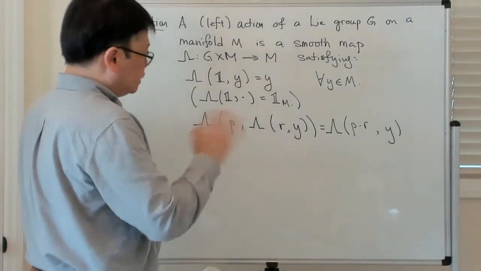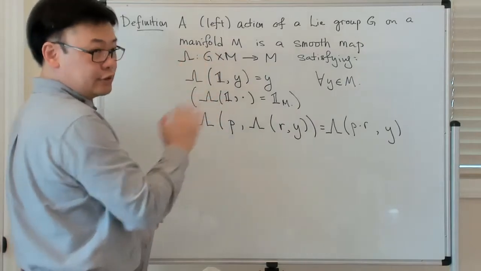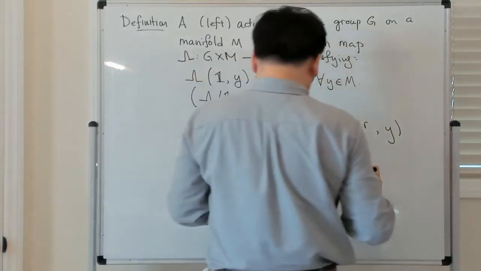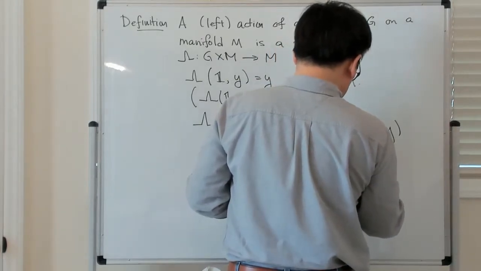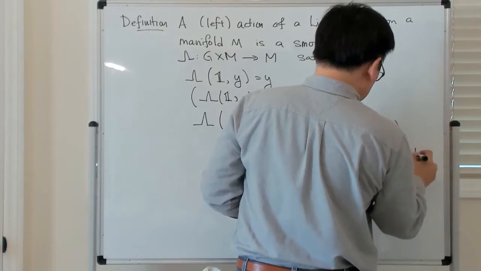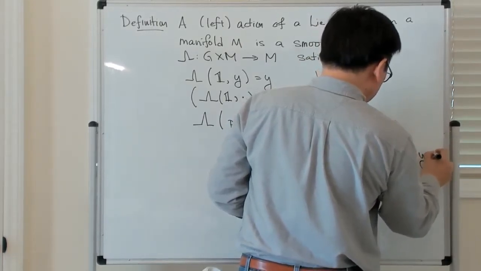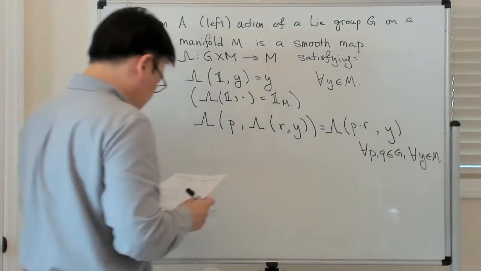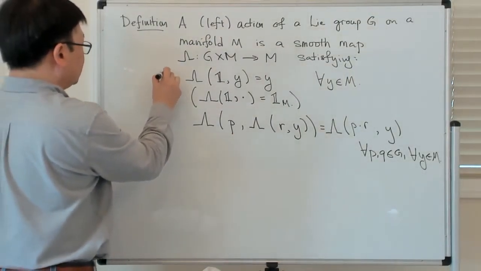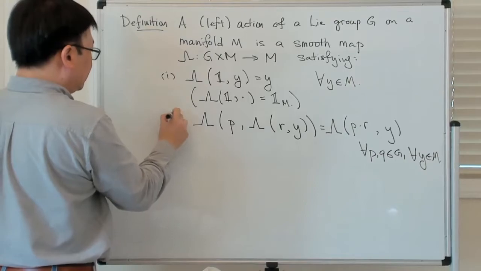So that's how you would distinguish left versus right actions. And this has to be true for all P and Q in the group and all points Y in the manifold. So those are the two basic properties you want it to satisfy.